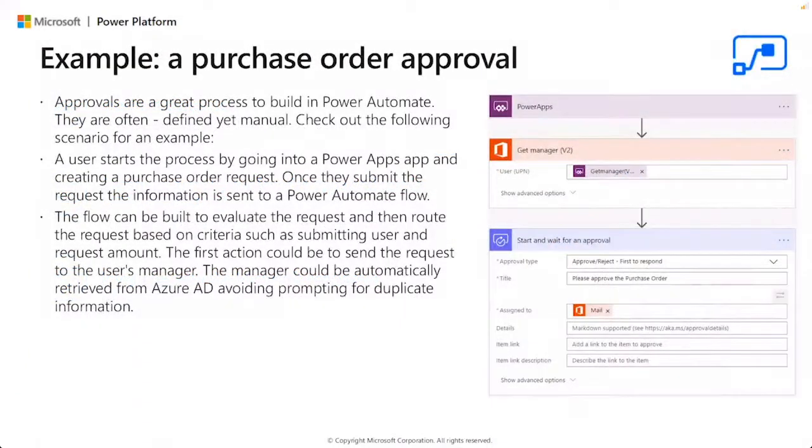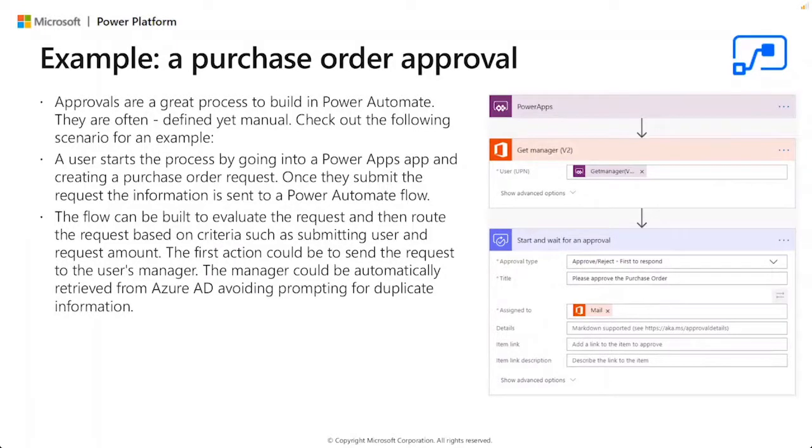So an example is, how would you build a purchase order approval? Approvals are a great process to build in Power Automate. They are often defined, yet manual. Check out the following scenario for an example. The user starts the process by going into a Power App and creating a purchase order request. Once they submit the request, the information is sent to a Power Automate flow.